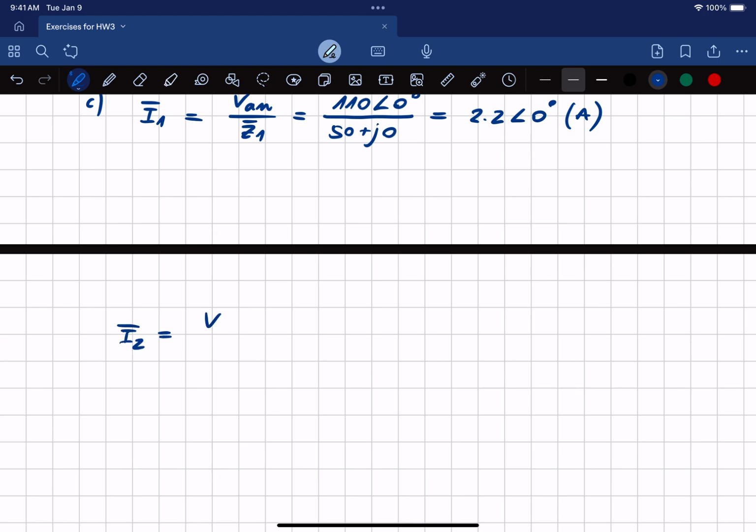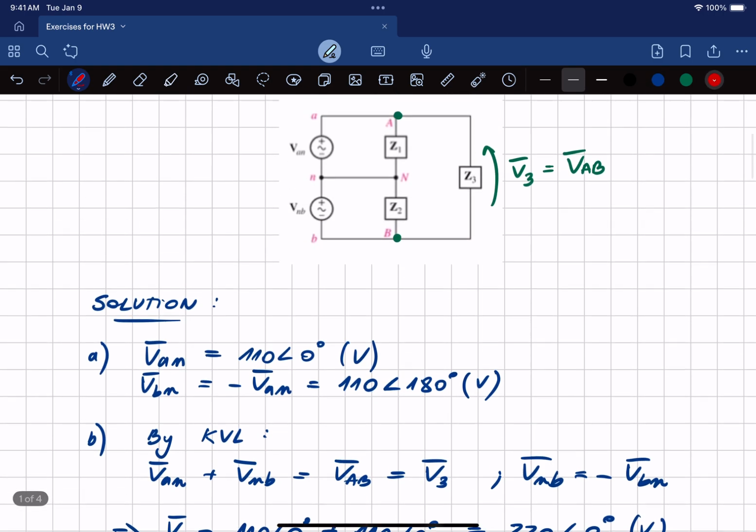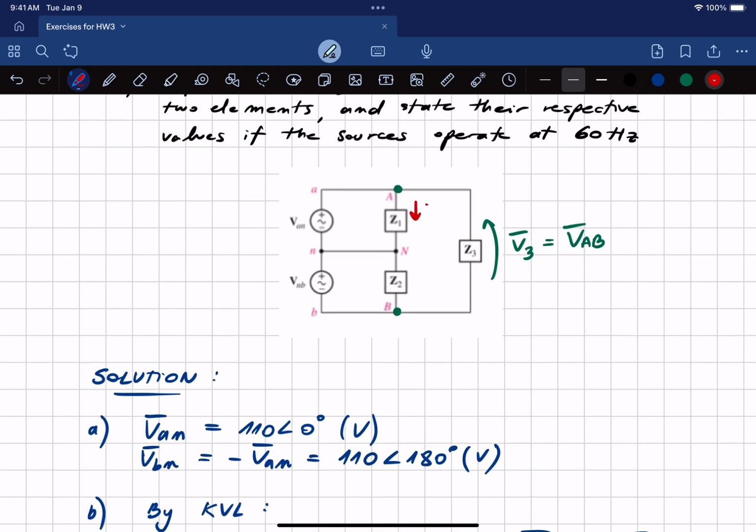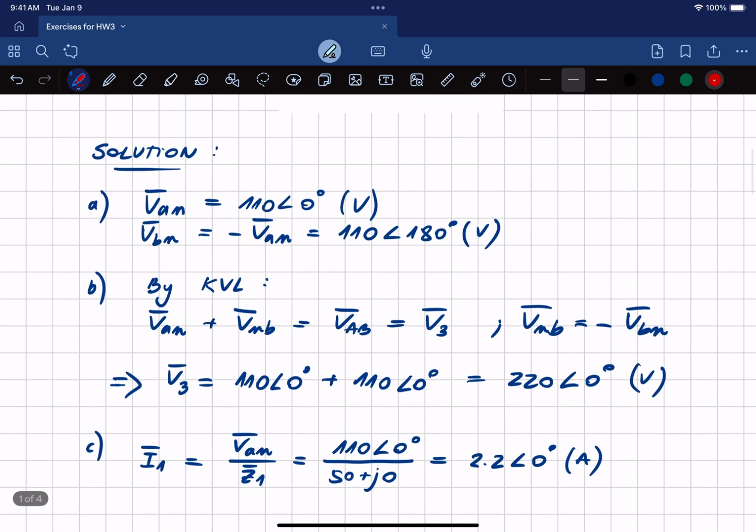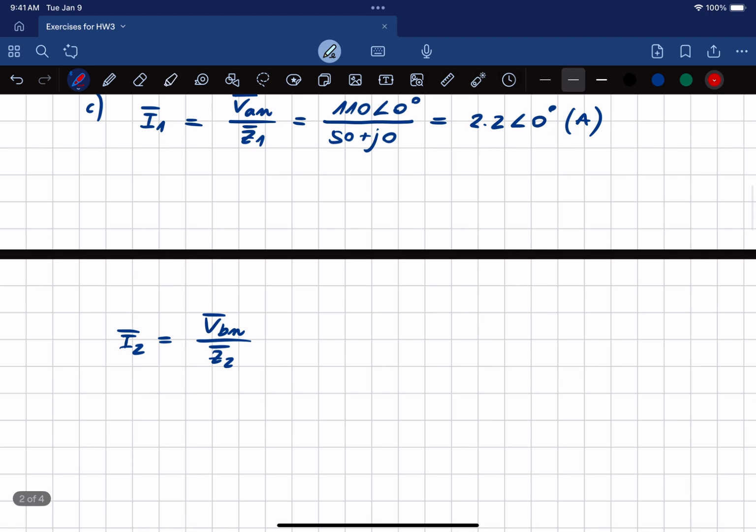It's going to be, as we said, VBN divided by Z2. This is under the assumption that we're defining currents in this way, okay? This is going to be I1. This is going to be I2. And this is going to be I3, okay? That's our definition for directions of current. Okay, then this is going to give us VBN. We already have that, and that is 110 angle 0.